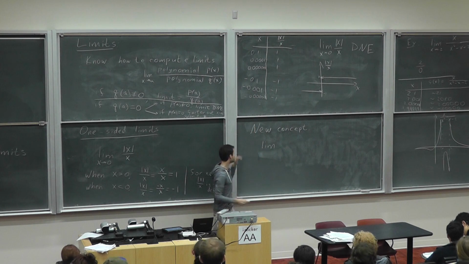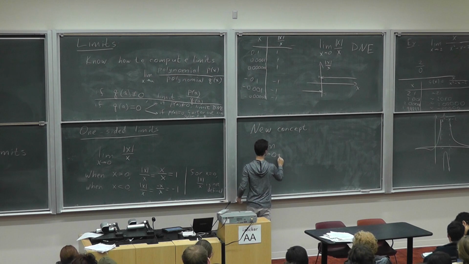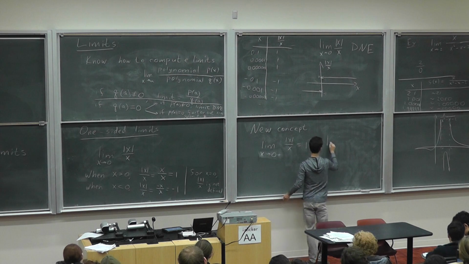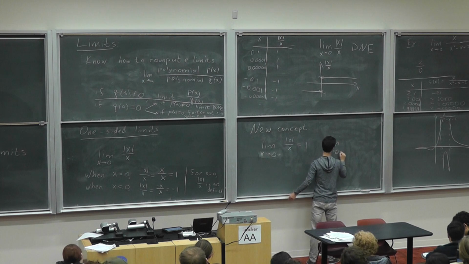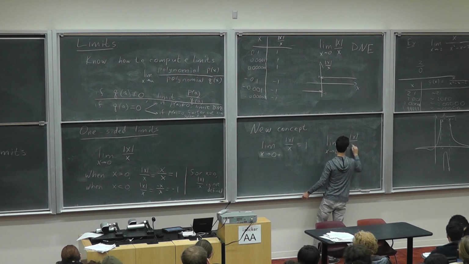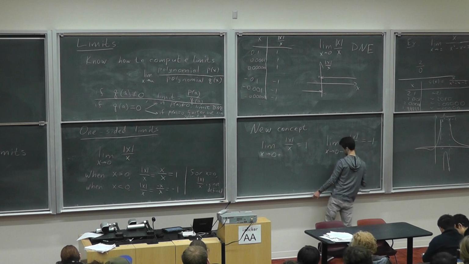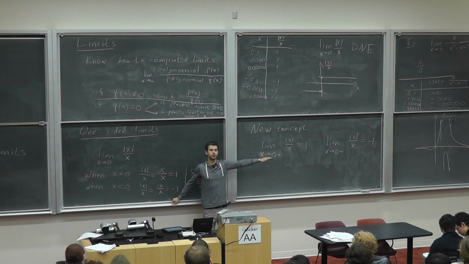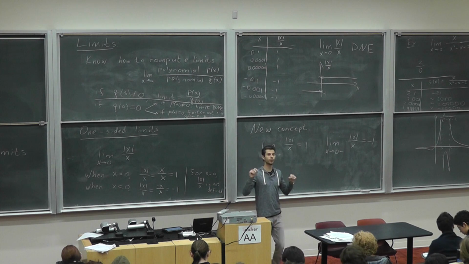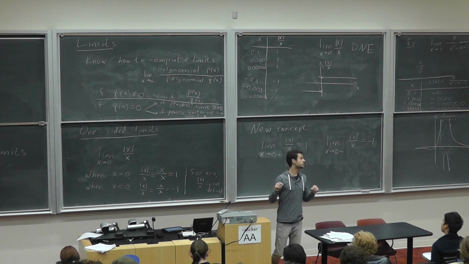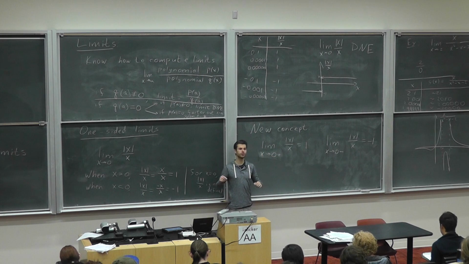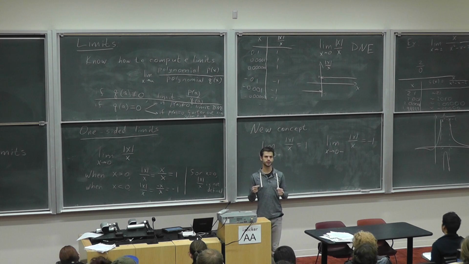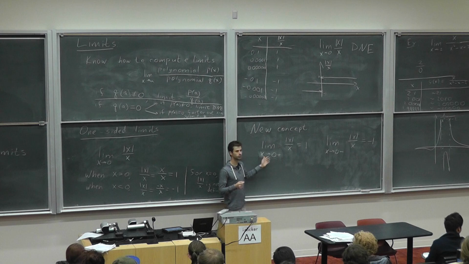I'll start with this example. In this case, I will have two what are called one-sided limits. A one-sided limit is about what happens to the function as x approaches the limit point, but only from one side. In this example, I'll have two limits like this.